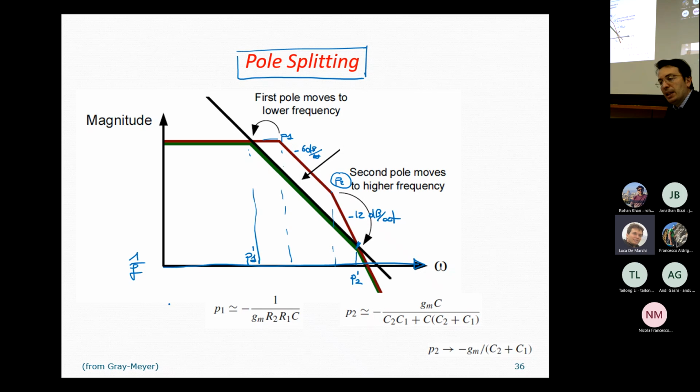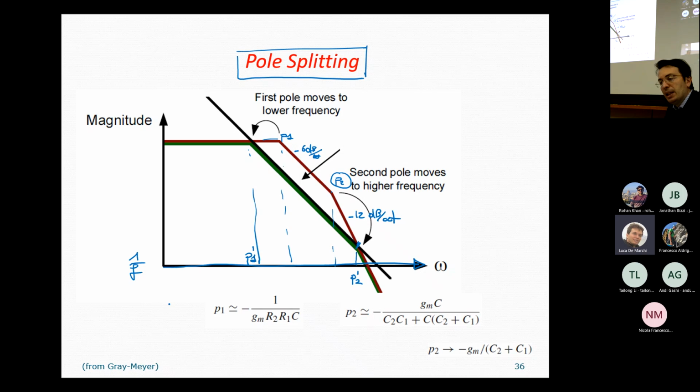Well, in this plot you see the effect of selecting different compensation capacitance values for a given technology in terms of the positioning of the dominant pole, the second pole, and then the zero. So you see that when we increase the compensation capacitance, we induce the pole splitting, so the dominant pole tends to shift to lower frequencies.